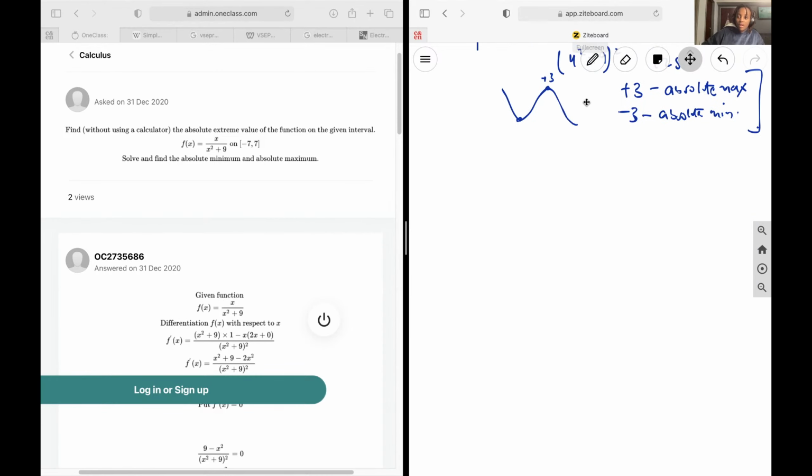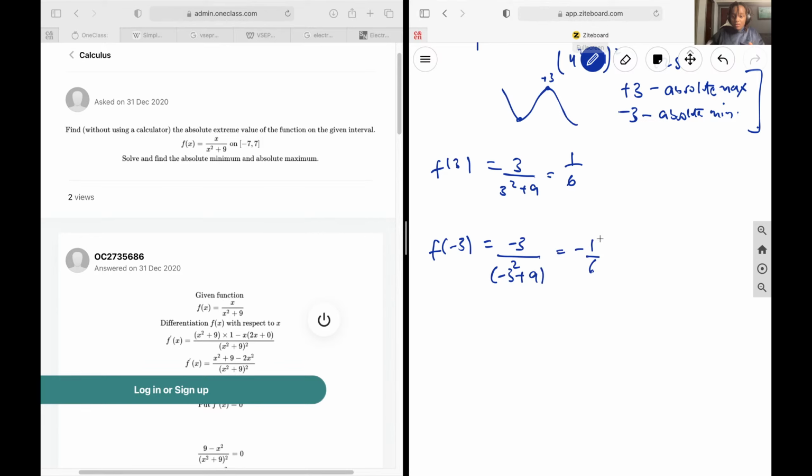And so now we just find our f of x values at each of them. So f of 3 is equal to 3 over 3 squared plus 9, so 1 over 6, and f of -3 is going to be -3 over -3 squared plus 9. And this will give us -1 over 6.